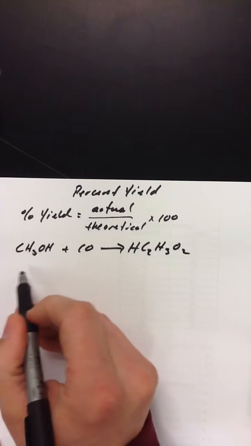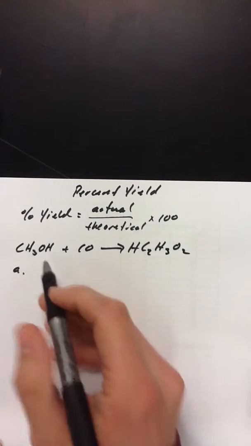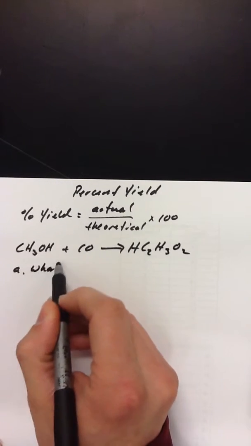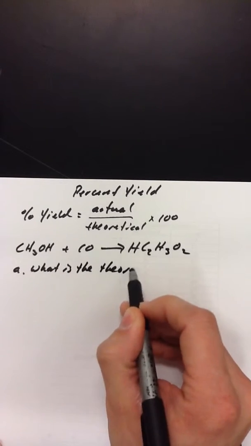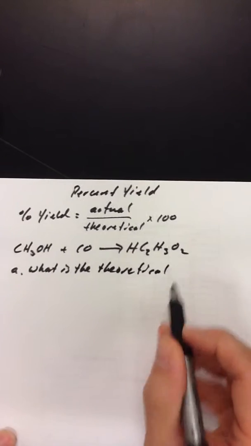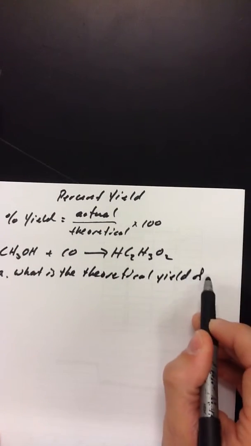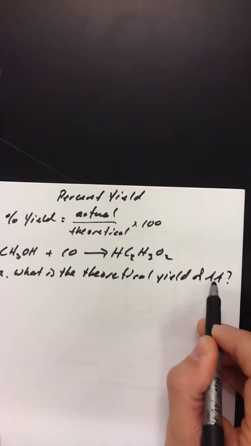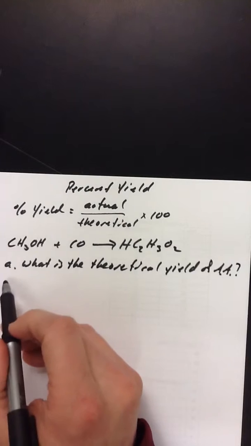But we're asked two questions. Question A, what is the theoretical yield of acetic acid, and I'm going to abbreviate it AA. So what is the theoretical yield of acetic acid?